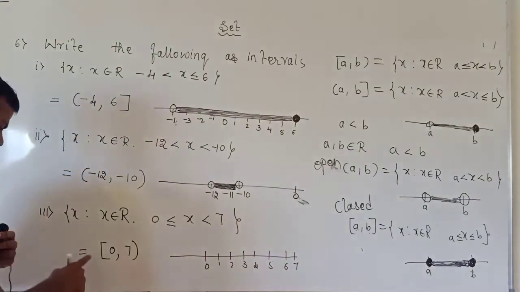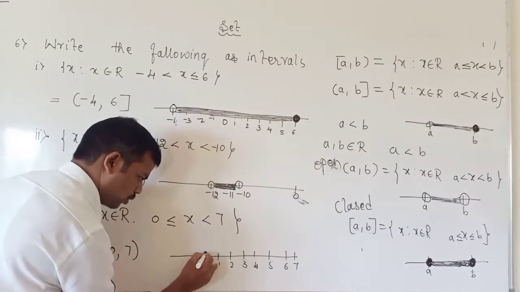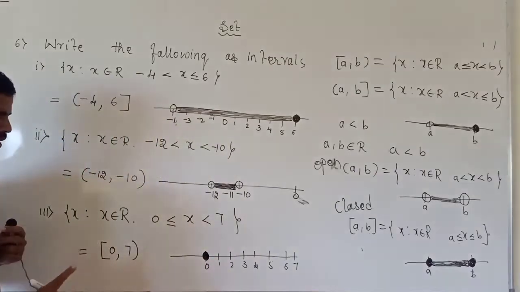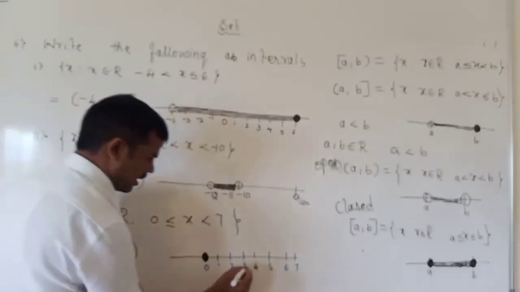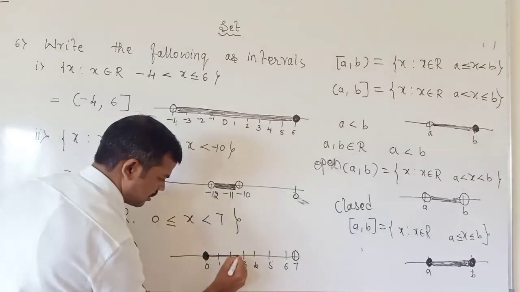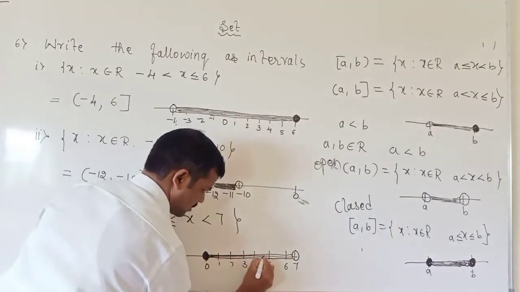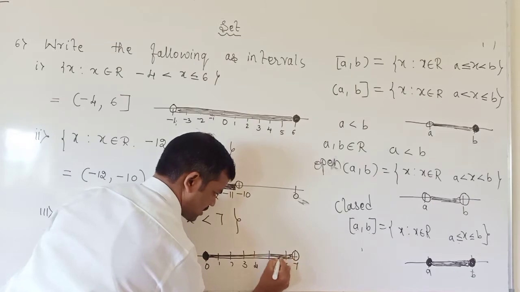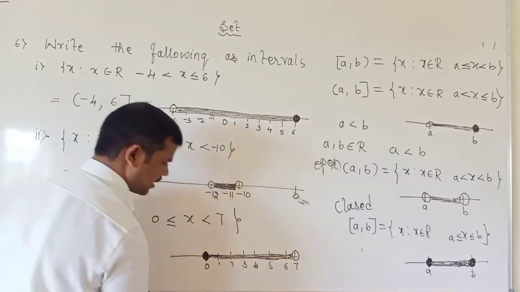Is 0 included or not? It is included, because there is a square bracket. So since it is included, what do we do? Dark circle. For including an element we have to dark the circle. 7 is excluded, it is not included, so open circle. In between that we have to draw it like this. So this is the way of representing intervals in a diagrammatical form.